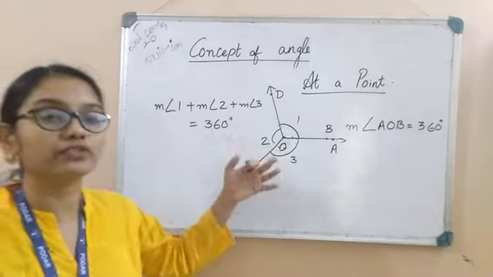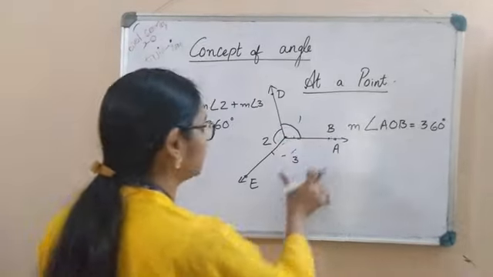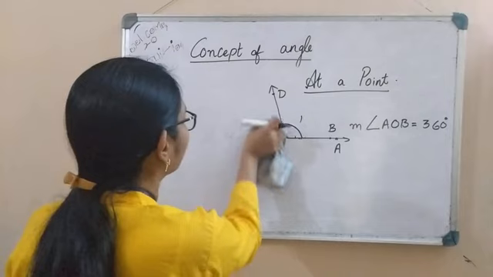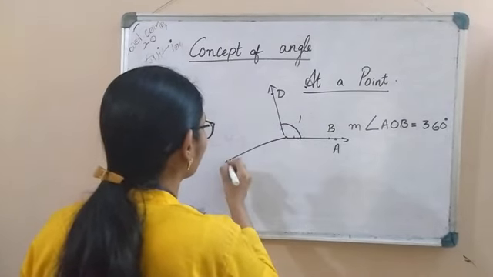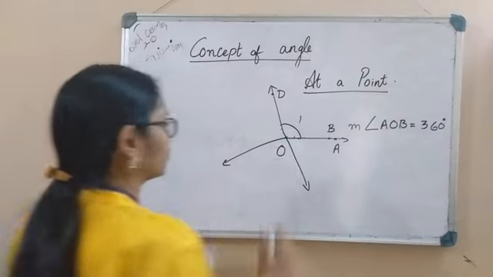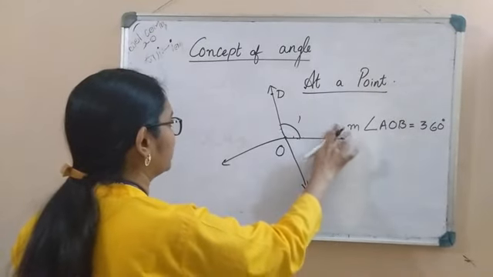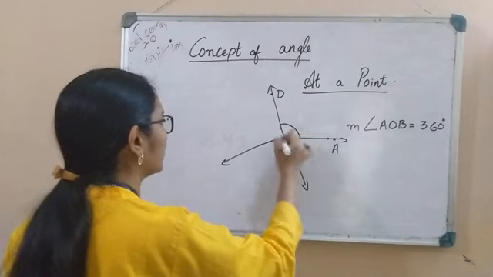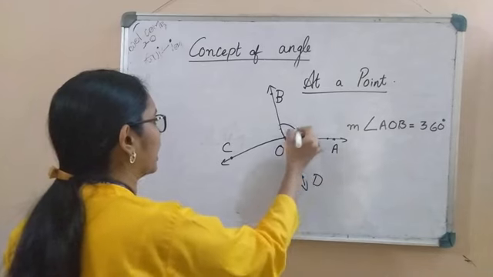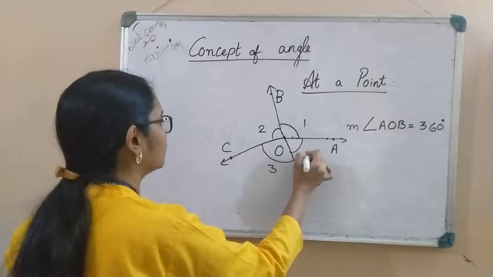In the same way, instead of 3 angles, if I have 4 angles, now no line is a straight line here, and I have OA, OB, OC and OD, with angle 1, angle 2, angle 3 and angle 4.